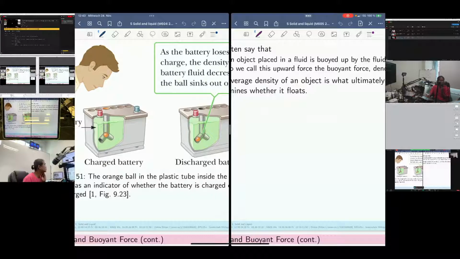This is Zoom channel, I think. No, it's OBS. Wait, go to the Zoom channel.